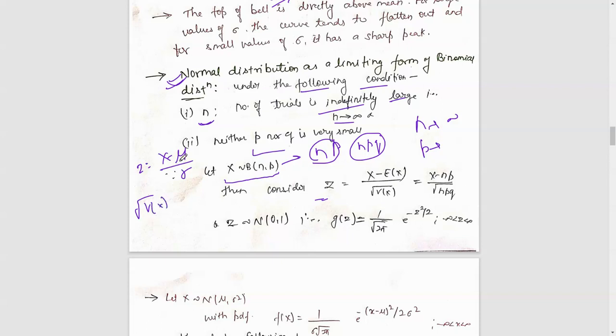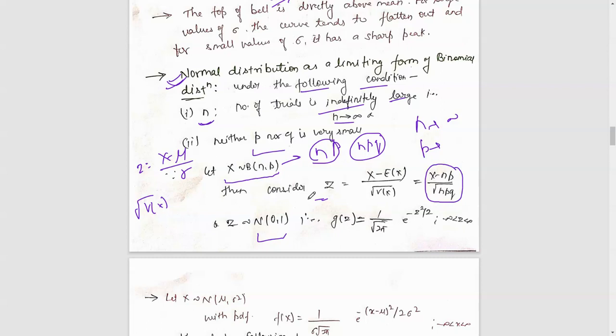Replace the mean by the binomial mean np and sigma by the root of the binomial variance npq. So Z equals X minus np upon root npq, and this will now follow a standard normal distribution, which is normal (0, 1). So this is the normal approximation of the binomial distribution.